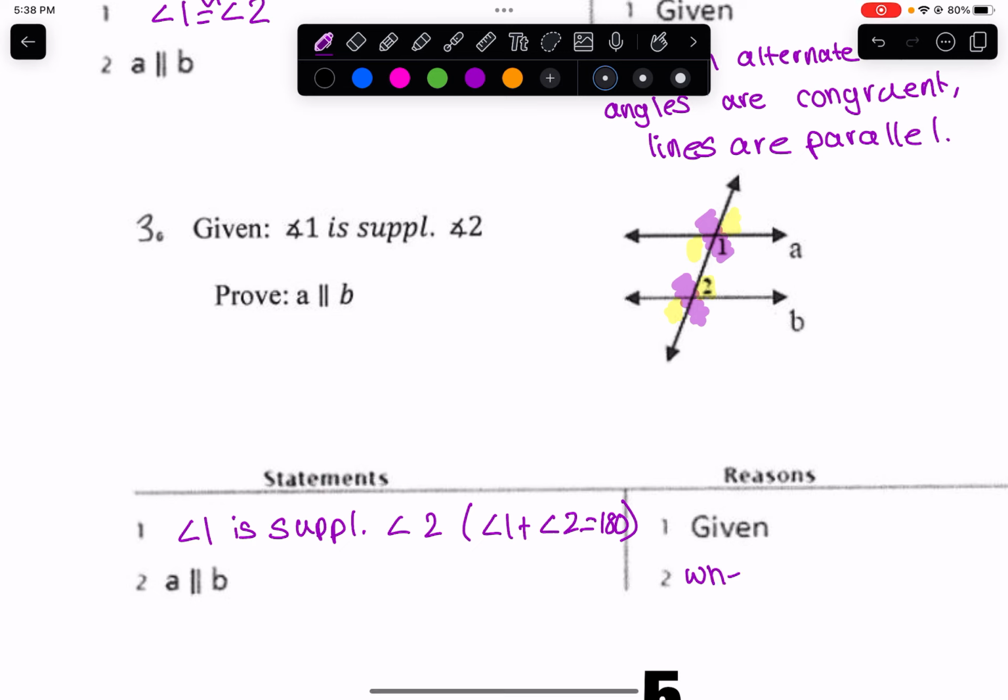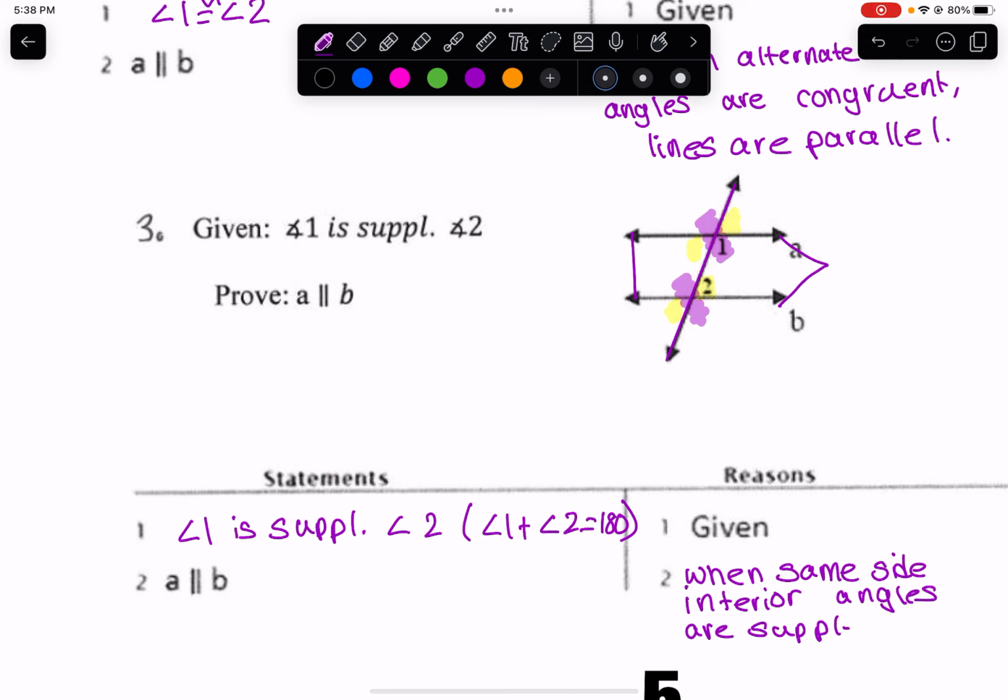So when these are on the same side of the transversal, so when same side, and they're both inside the lines, so same side interior angles are supplementary, lines are parallel.